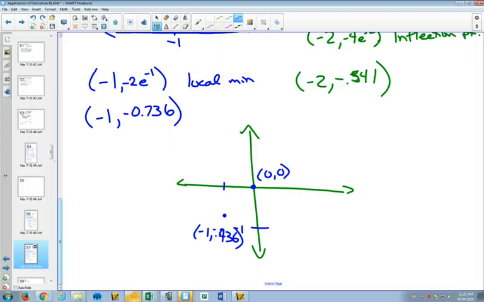That'll be 1 point, and I know that I have an inflection point at -2, -0.271. So that inflection point will go right there.